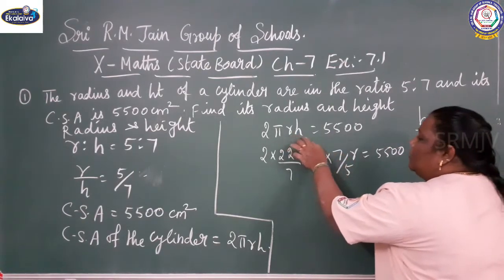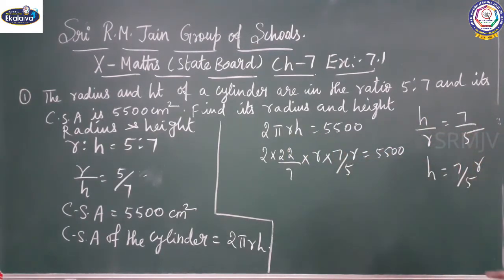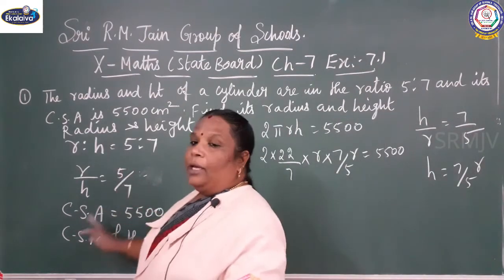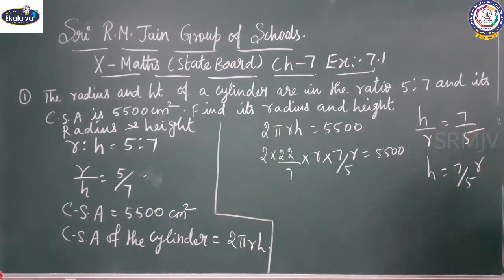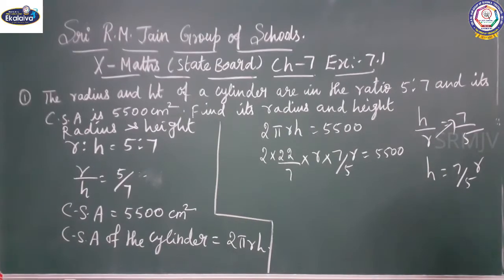See, two variables are there, so we can make it as a single variable. They are in the ratio R by H equal to 5/7. So take the reciprocal: H by R equal to 7/5. So H equal to 7/5 into R by cross multiplication.